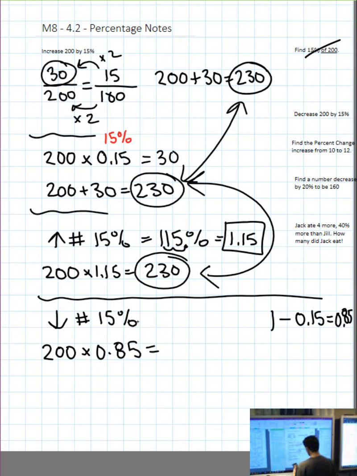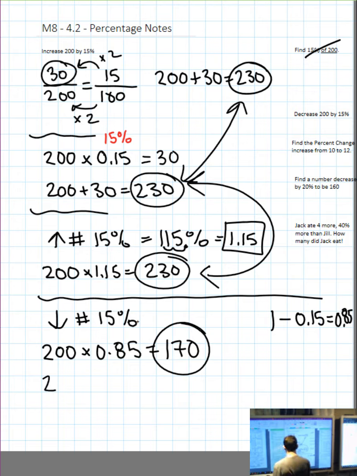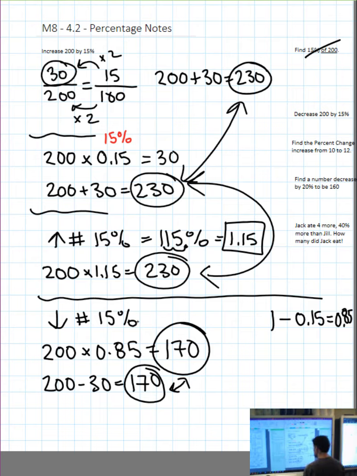And on the calculator, 200 times 0.85 is equal to 170. Or I could have done the same thing as above and found 15% of 200, which we know was 30, and then simply did 200 minus 30. And obviously the same answer as we did above.